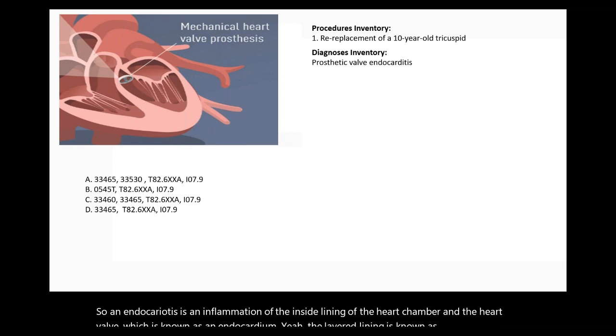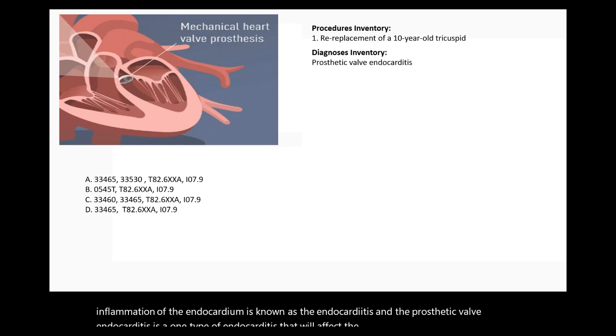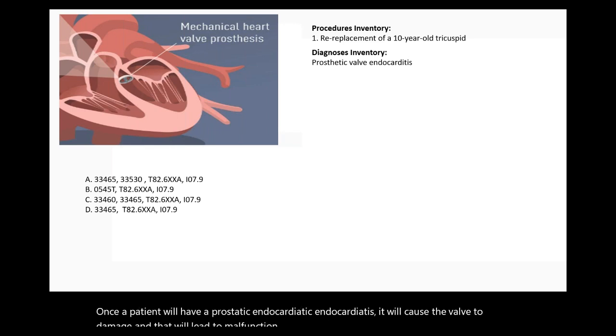So inflammation of the endocardium is known as endocarditis, and prosthetic valve endocarditis is one type of endocarditis that affects the replaced prosthetic valve. Once a patient has prosthetic valve endocarditis, it will cause the valve to be damaged, and that will lead to malfunction and cause further major complications.